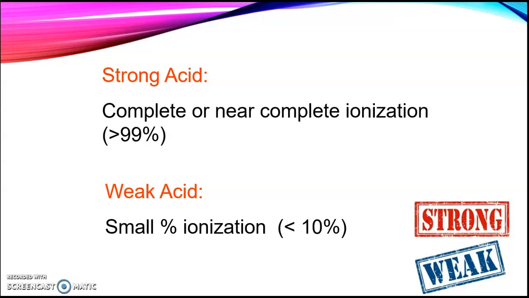A strong acid would be stomach acid, HCl, which has the H and Cl ions almost completely ionized. A weak acid, like vinegar, only has a small percent of ions dissolved because the molecule has strong bonds due to the elements that make up the molecule. But concentrated vinegar is still very dangerous.